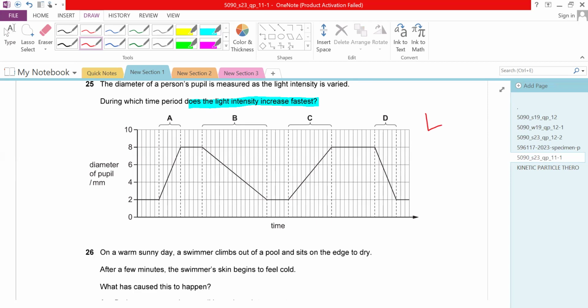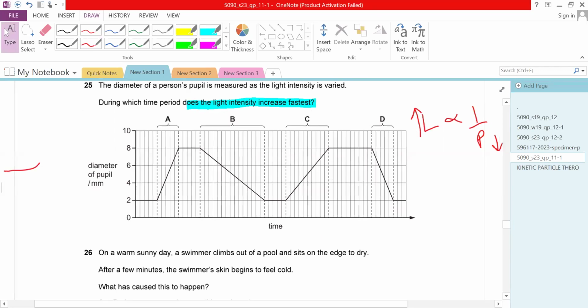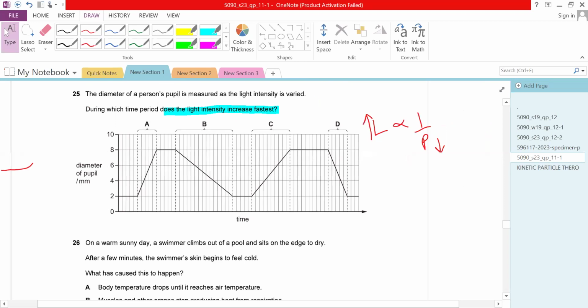So you can say that light intensity is inversely proportional to the size of the pupil. Light intensity increases, size of pupil decreases.